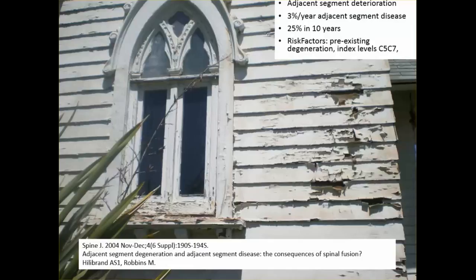I should have like 20 patients coming back if these numbers are right. Are these patients going to other places? I don't know. But usually Harford County people stay in Harford County. So I don't think the numbers are so high. But having said that, if I'm suspicious that this level is degenerative, and it's at the index level because of the study, I fuse it. So maybe that's why I don't get so many failures. So that's adjacent segment stenosis.